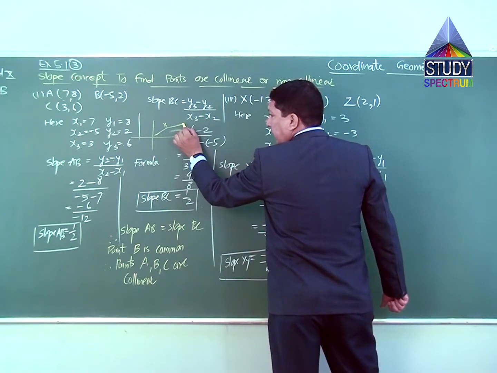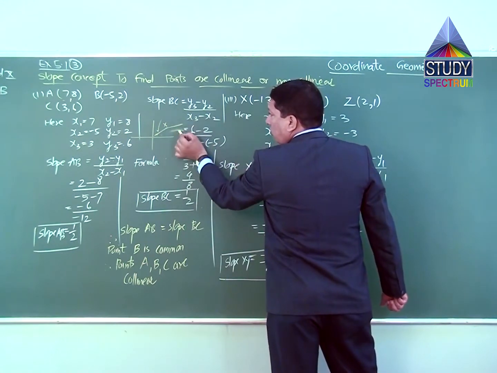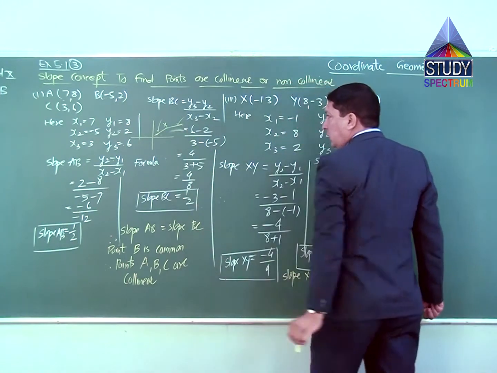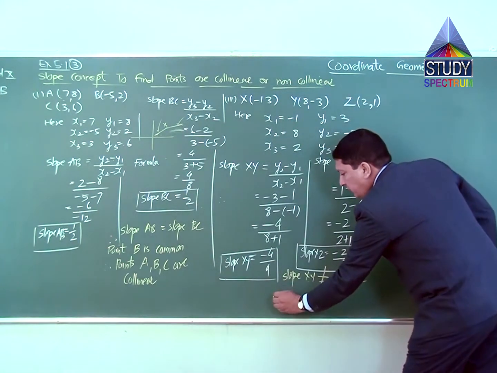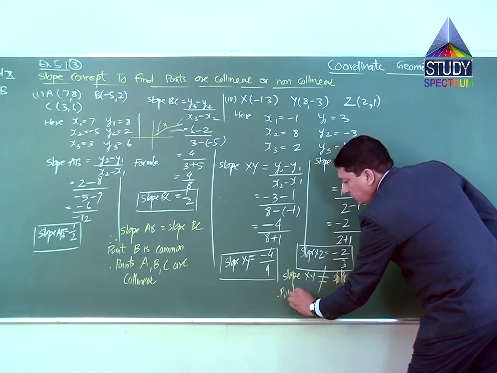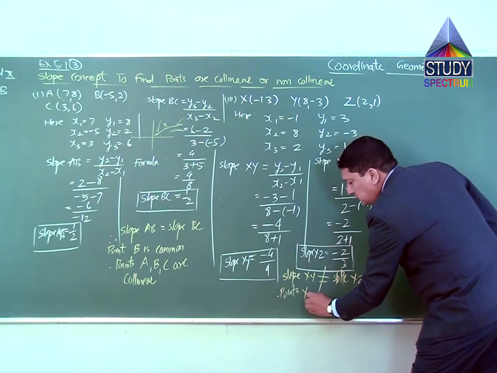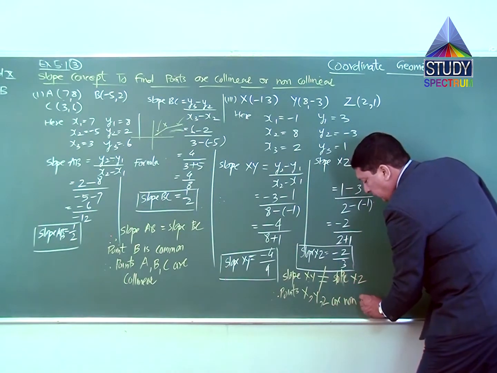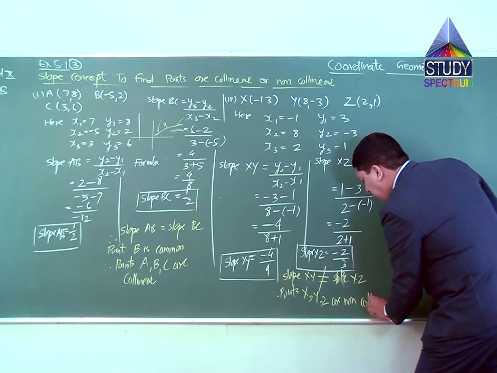But the lines are not straight because this line has a different slope and that line has a different slope. So obviously this is not a straight line. Therefore X, Y, Z are non-collinear points. Points are not collinear.